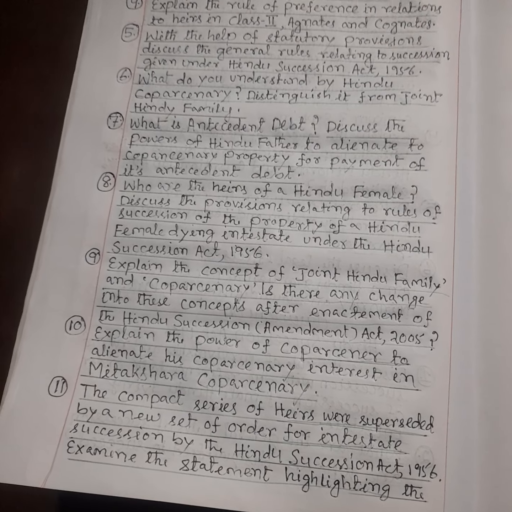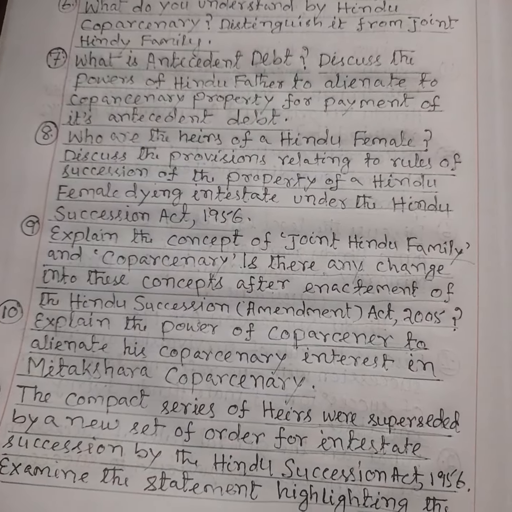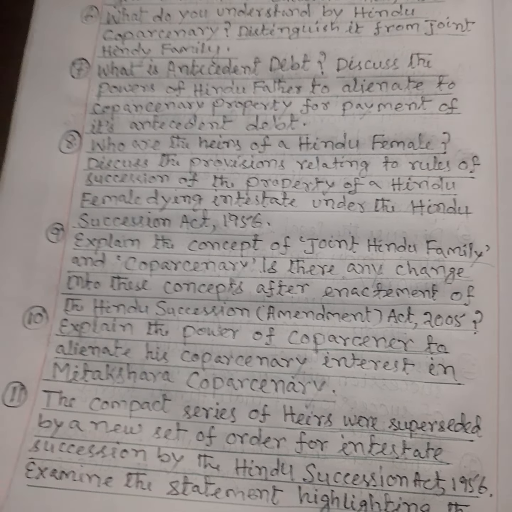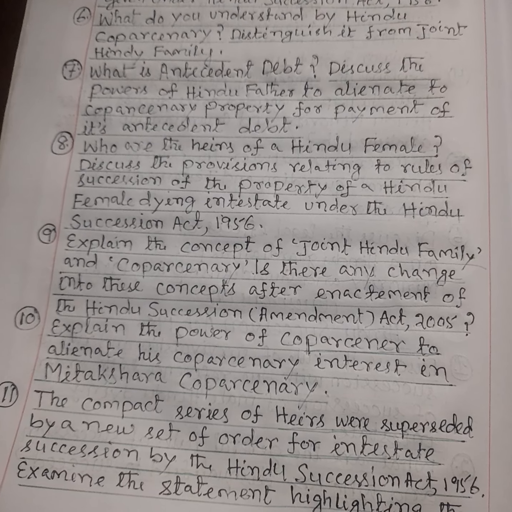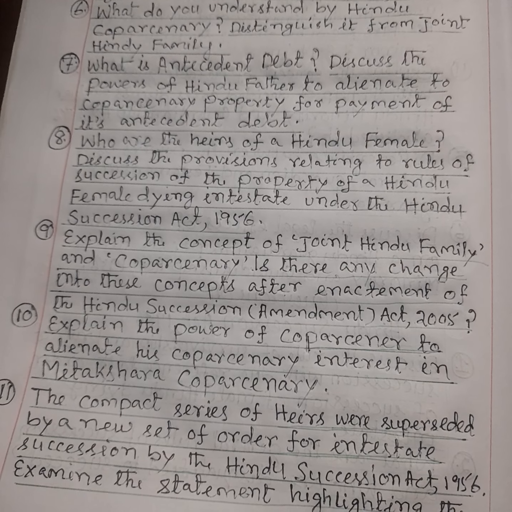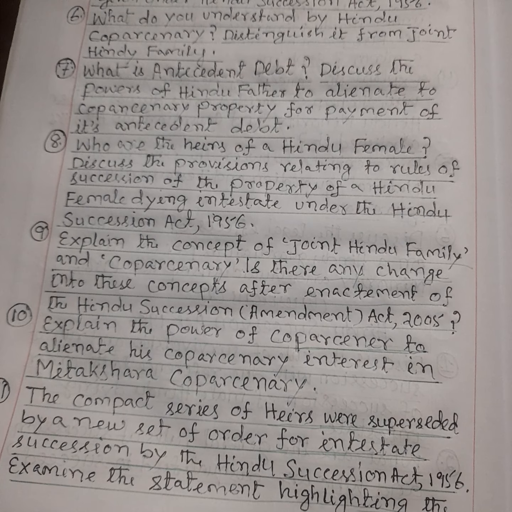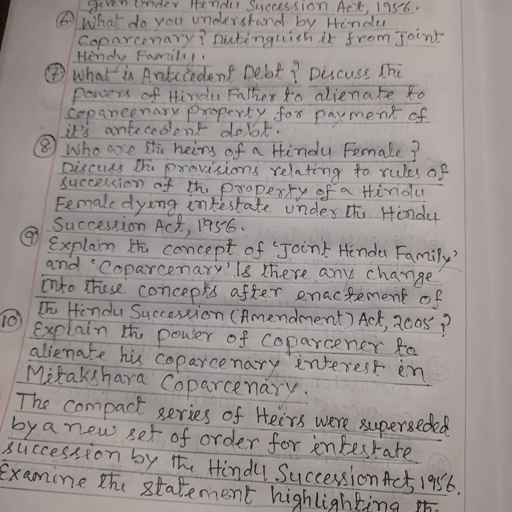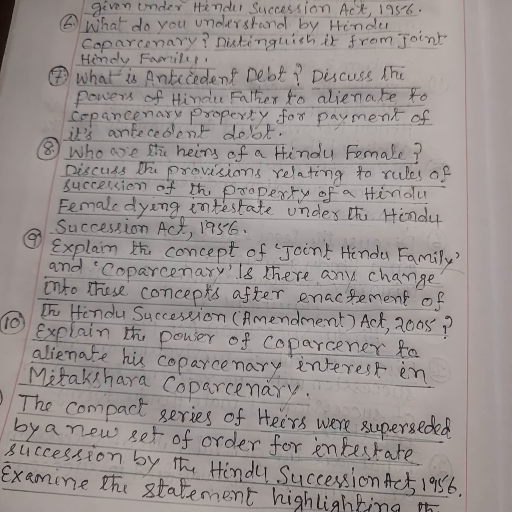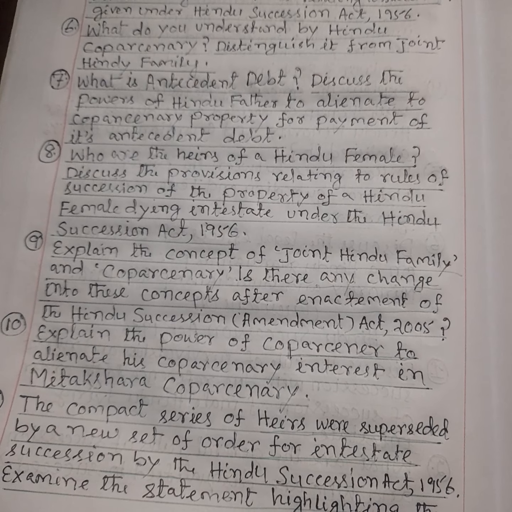And to clarify this very rule of preference, the very order of succession, it includes, suppose son, then it includes natural son, posthumous son, and adopted son. But here it excludes illegitimate son and stepson.